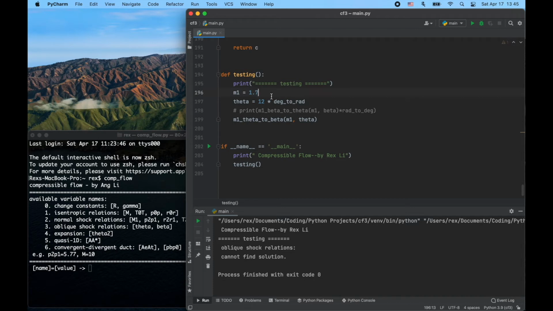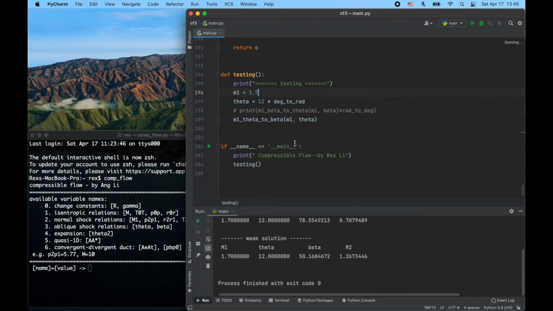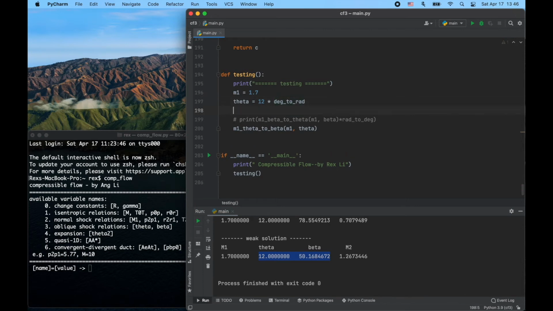Again, let's test it. So for our previous test, Mach number is 1.7, theta and beta are these values. So now we are going to use this value and convert it into radians, and see if the function will give us back the Mach number equal to 1.7.